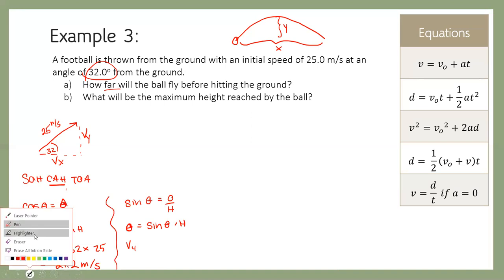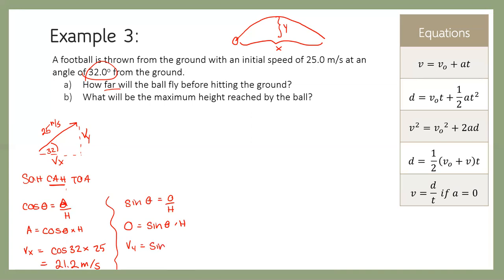Velocity in the y direction is equal to the sine of 32 times 25, which left me with a velocity in the y direction equal to 13.2 meters per second. So that means that it has a horizontal speed and a vertical speed.